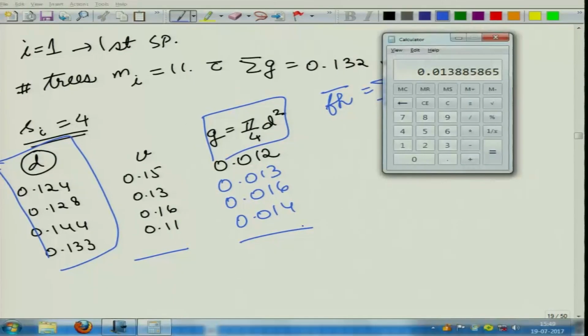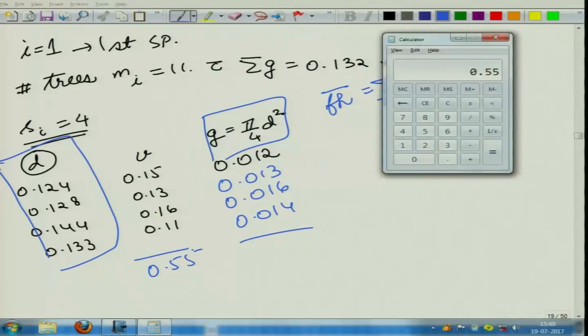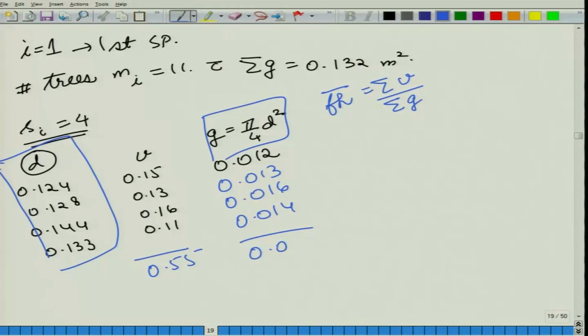For the volume, we have 0.15 plus 0.13 plus 0.16 plus 0.11, that is 0.55, and for the sum of the basal area we have 0.012 plus 0.013 plus 0.016 plus 0.014, that is 0.055. So, the form height for the first sub-sample plot will be 0.55 divided by 0.055, which is equal to 10.